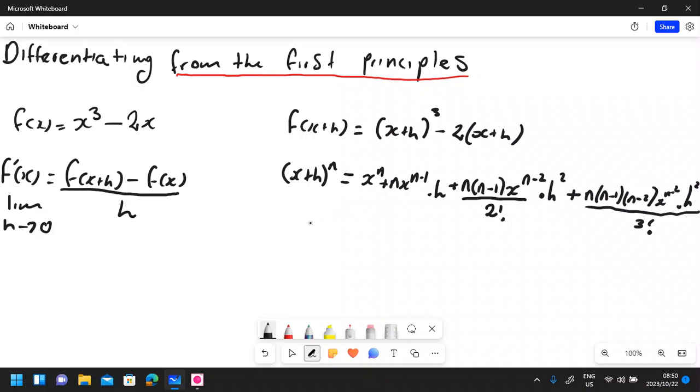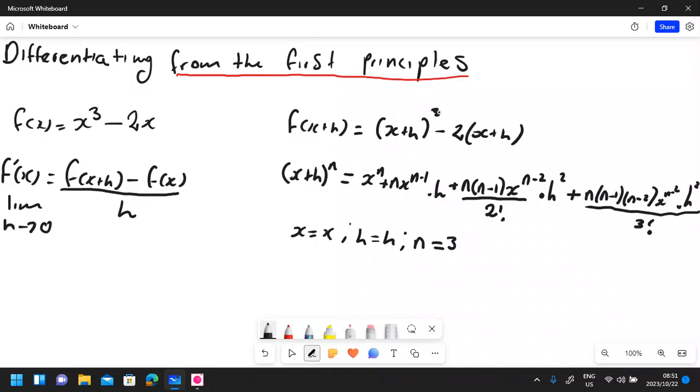So let's continue. So we know that x is going to be x when we expand, so we are fine with x. We know that h is going to be also h. Wherever there is h, we're going to put h there, we're going to substitute h. And then we know that n, now if you look at our expression here, n is going to be 3.